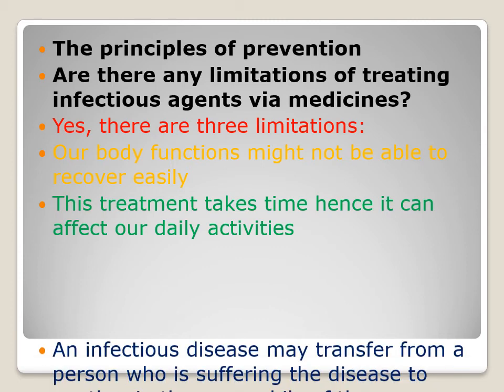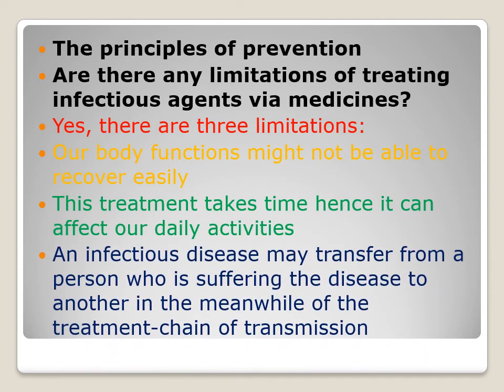Our daily activities are not performed fully, and during that time, these infectious diseases may be transmitted from a sick person to another. So, a sufferer, a diseased person, transmits to another person who is generally healthy, and the chain of transmission passes on.